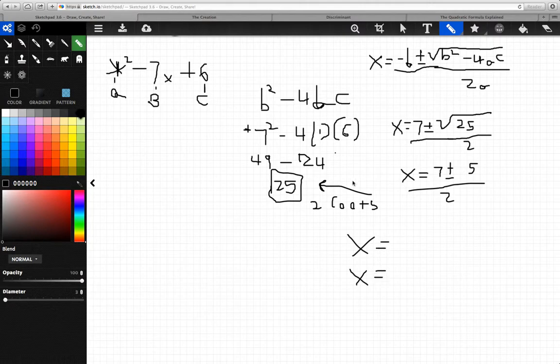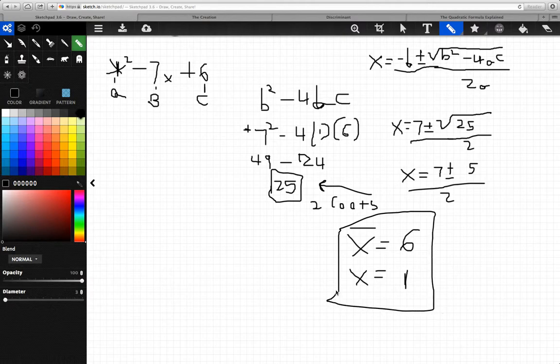For one of them, it's just going to be 7 plus 5 divided by 2. It's going to be 6. And for the other one, I'm going 7 minus 5 over 2. So 7 minus 5 over 2 is going to be 1. Alright, there are your zeros.